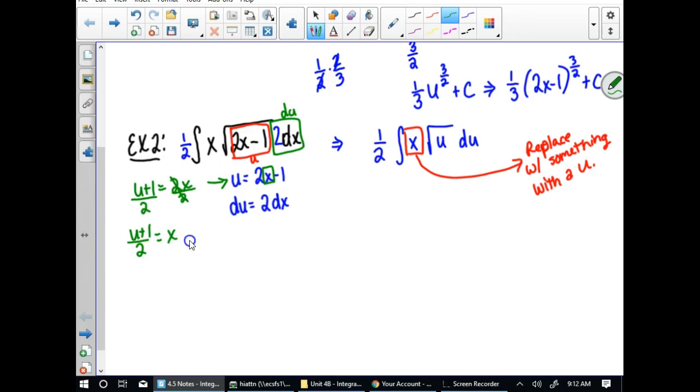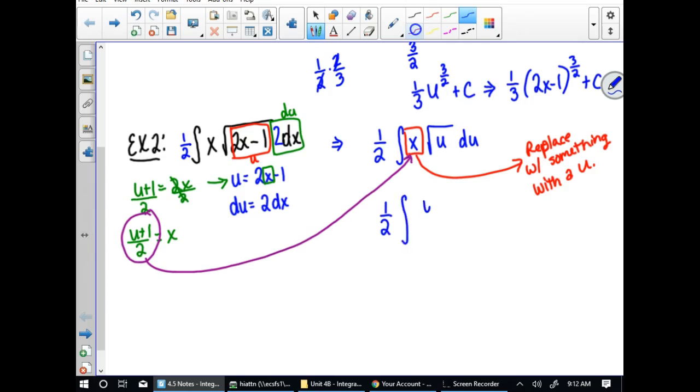So what we're going to do now is we're going to take u plus 1 over 2 and we're going to replace our x. So we've got 1/2 integral of u plus 1 over 2 times, I'm going to make this u to the 1/2 du.